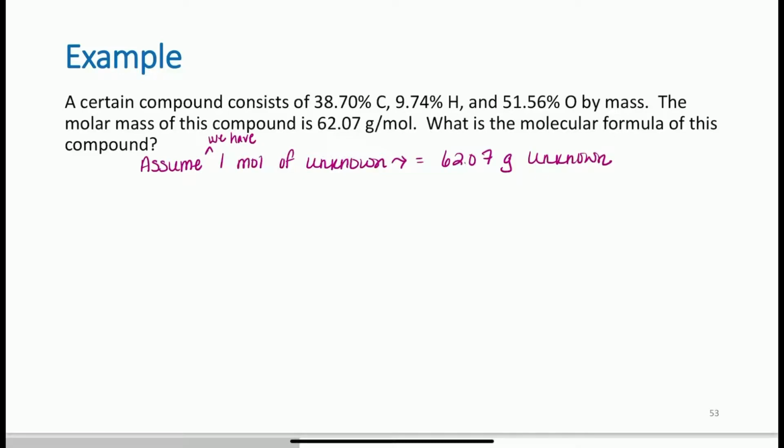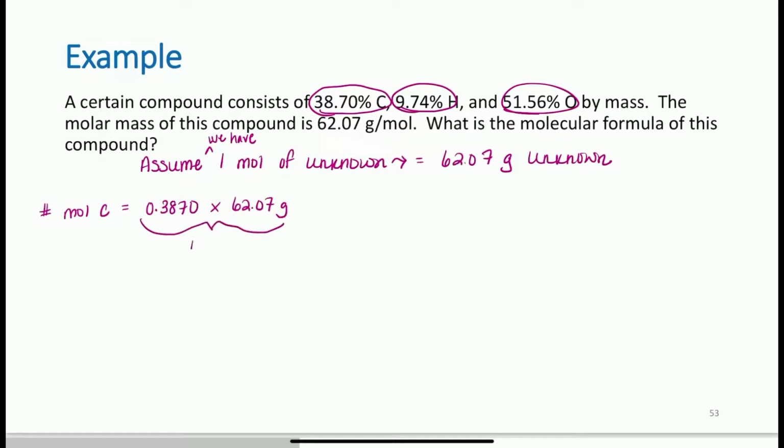Now, if I know that I have 62.07 grams of unknown, I know 38.7% of that is due to carbon, 9.74% of that is due to hydrogen, and 51.56% of that is due to oxygen. So the number of moles of carbon: 0.3870 times 62.07 grams.